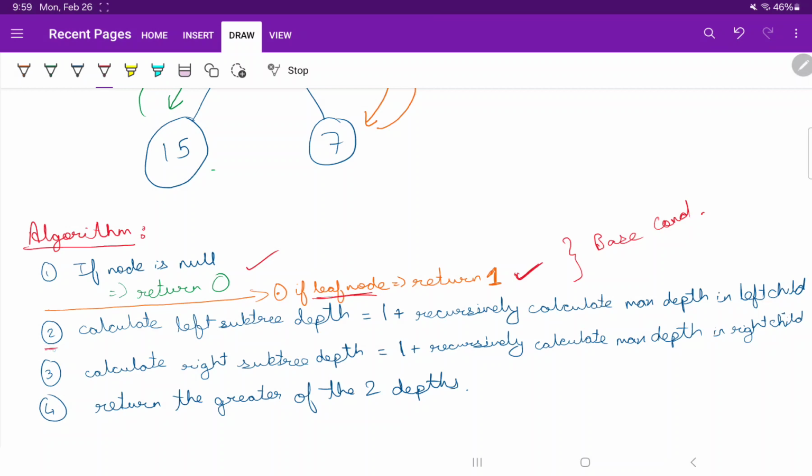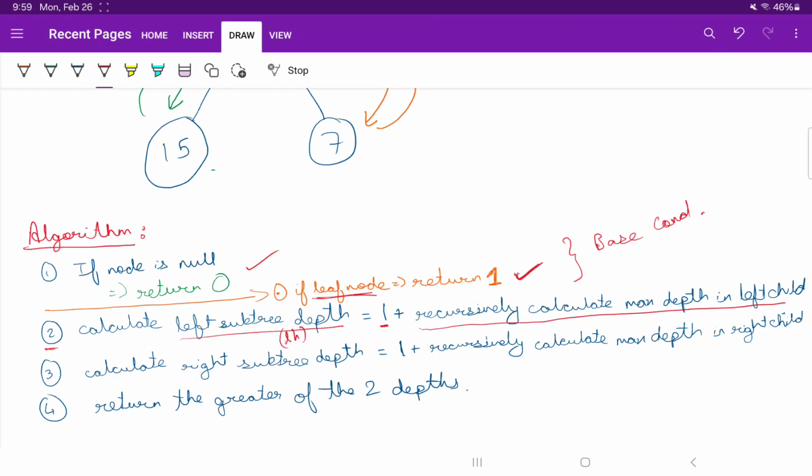Next, point 2, calculate the left subtree depth, which is essentially LH, what I annotated above. So 1 for the current depth plus whatever we recursively calculate as the max depth in the left child. So we recursively make a call to the left child of the current node and check what is the maximum depth there.